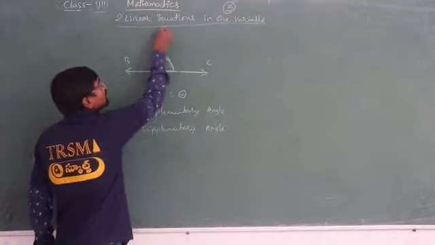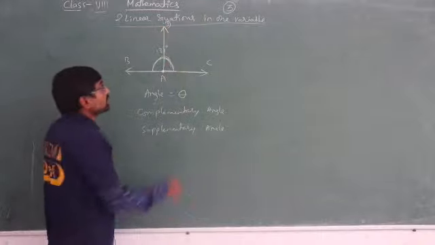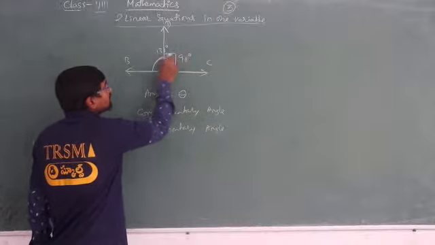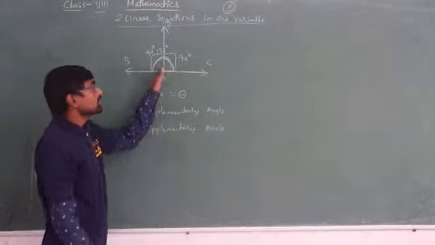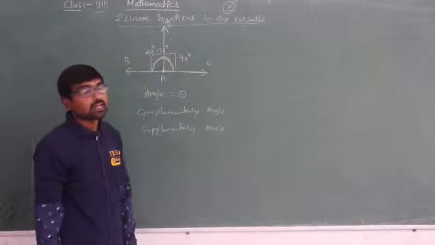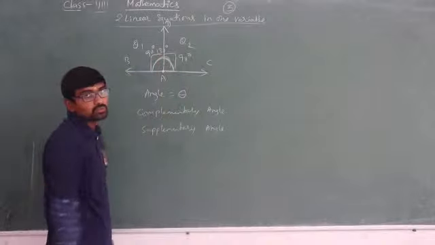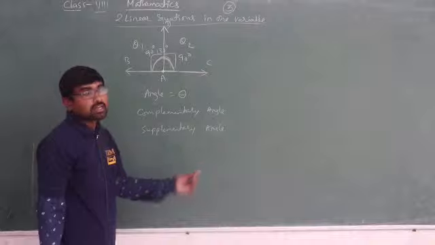If I draw a perpendicular line here, A to D, then this angle is divided into two equal parts, 90 degree and another 90 degree. This straight line angle is converted into two right angles. So this is theta 1 and this is theta 2, angle 1, angle 2. If I add these two angles, I get 90 degree.